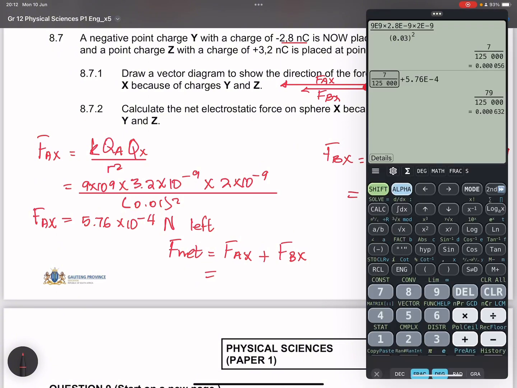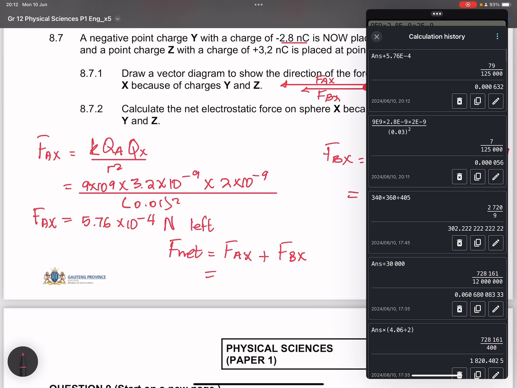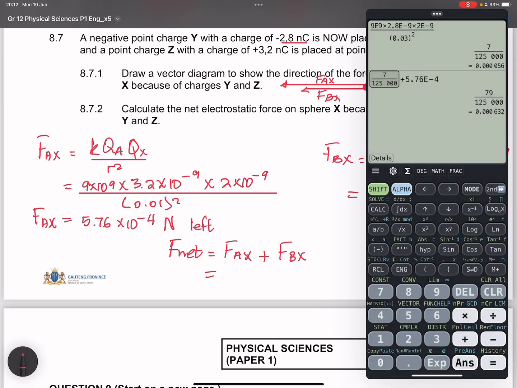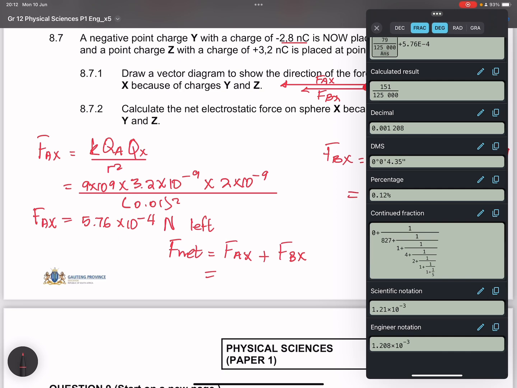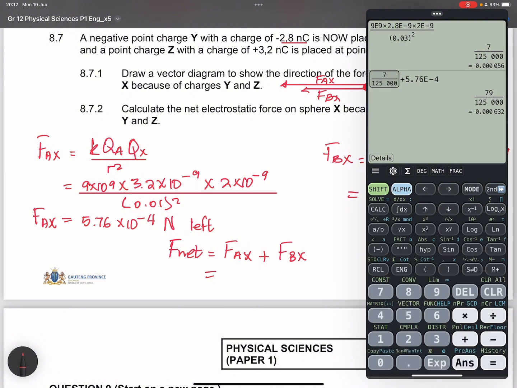Right, so we're getting all sorts of weird values there. 1.2 times 10 to the -3, is that correct though? Okay, yeah, I can see that I did something wrong there.